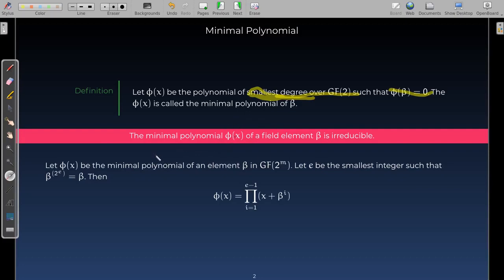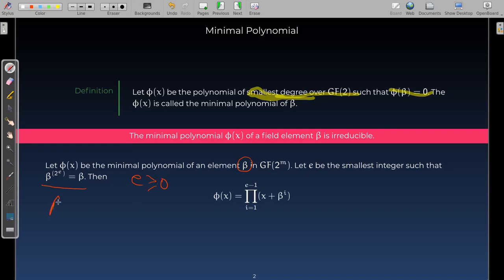In order to calculate it, we take the field element beta and find beta to the power 2 to the power e, where e is an integer greater than or equal to 0.